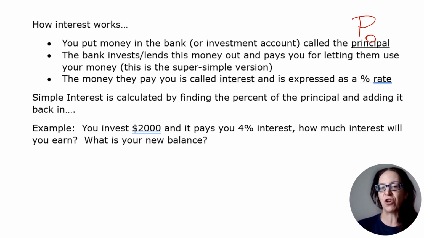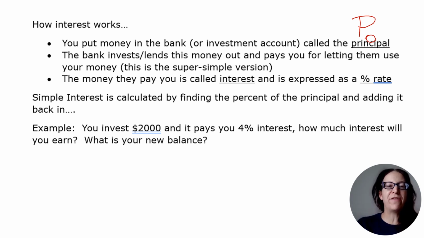It's the initial amount of money that you put into your account. You might also hear P0, P sub 0, or P at time 0. There are a lot of ways that you could hear it. Or sometimes you might just see a P and then they'll use something else for the final amount.